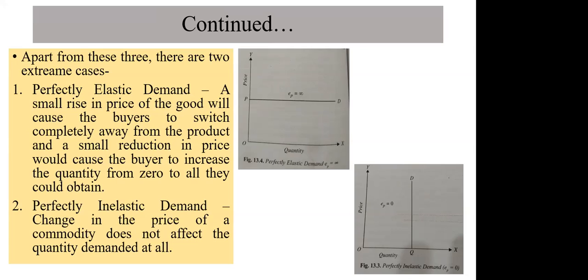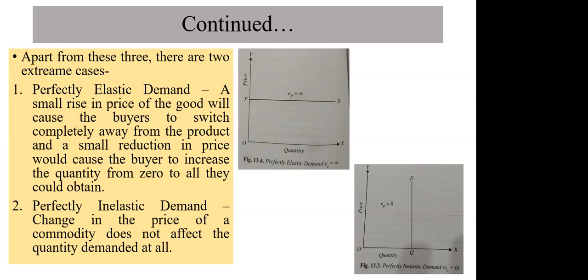Now the market price falls, suppose from rupees 15 or 20 to rupees 12, from 15 to 12, a very small decrease, or maybe 15 to 13. What happens is that initially when the buyer was not purchasing any quantity of the commodity at all, he will now buy all they could obtain with their initial income. So this type of thing is called perfectly elastic demand.